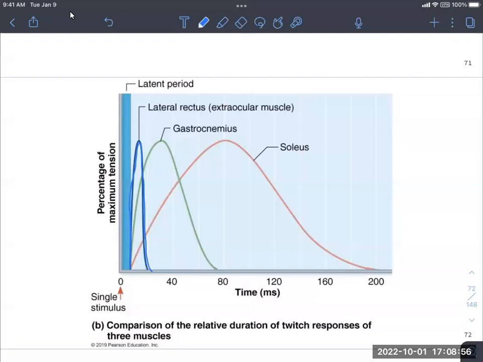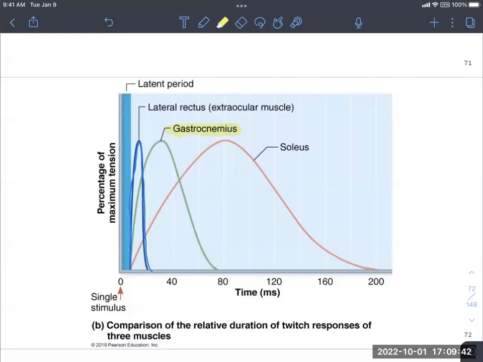The next one, your gastrocnemius, contracts quick and relaxes quicker.